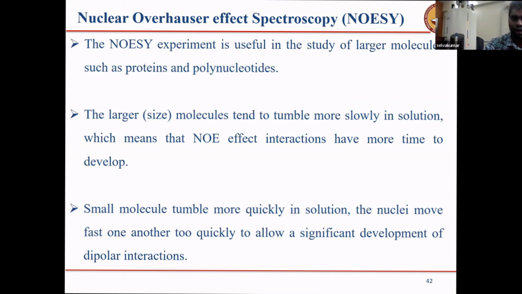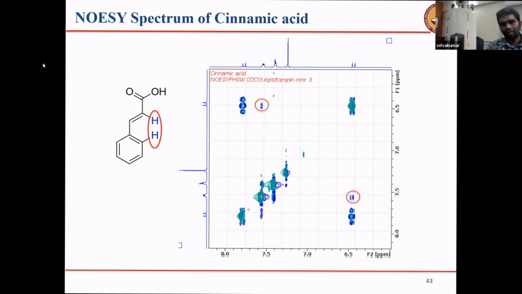So that's why we have another technique called ROESY. I'll explain it later. This is the cinnamic acid NOESY spectrum. See, these are the protons that are spatially close. That's why we can get the cross peaks here. This NOE spectrum is also like the COSY spectrum. This diagonal is a simple 1D proton NMR, and we are interested in the off-diagonals.